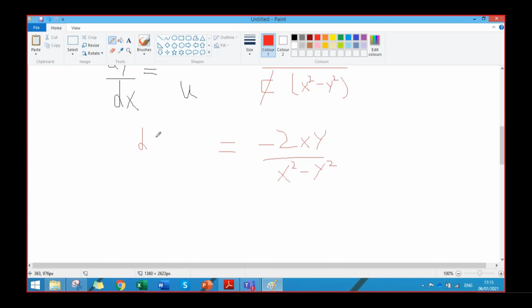Now, is it possible to separate the variables? Yes, sir. How will they be separated? Sir, multiply crosswise. But the variables cannot be separated. So if variables cannot be separated, how do you integrate? Substitution, sir, we can do that.